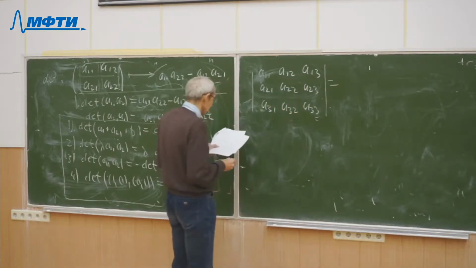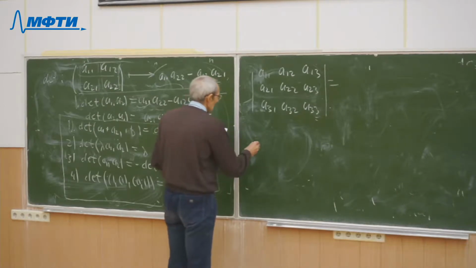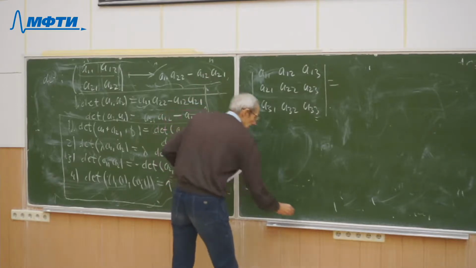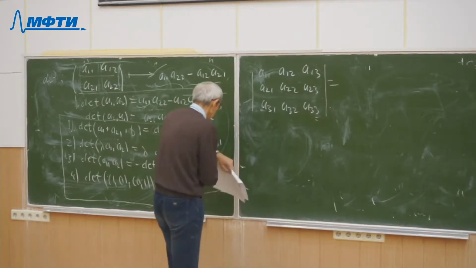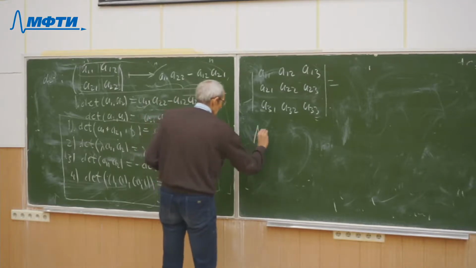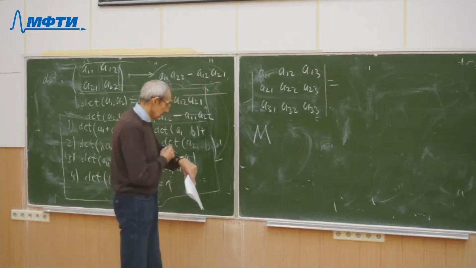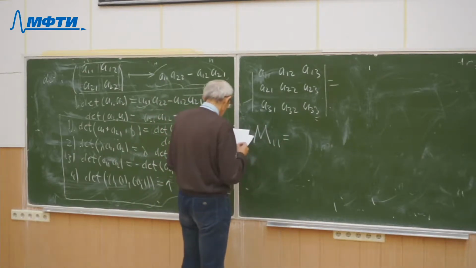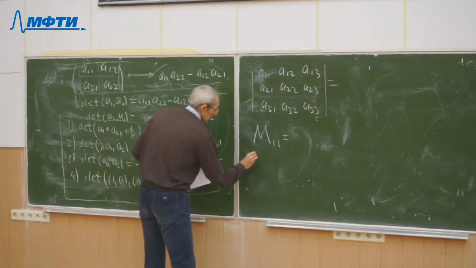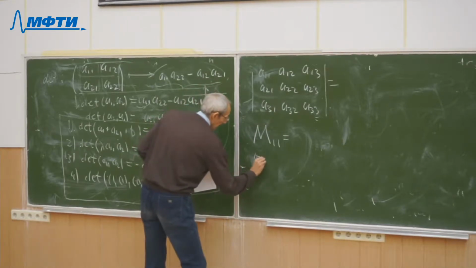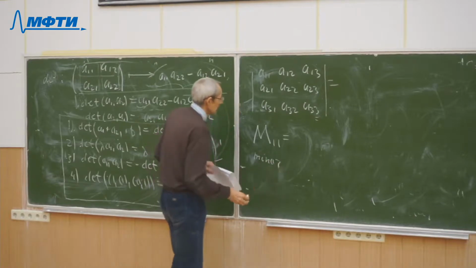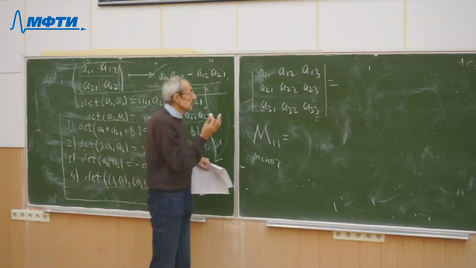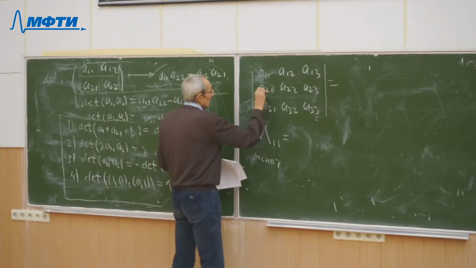Let's introduce the following determinant. We will denote this determinant by the symbol M11, and this determinant is called a minor. What does minor mean? Let's consider an arbitrary entry of the matrix, for example A21.